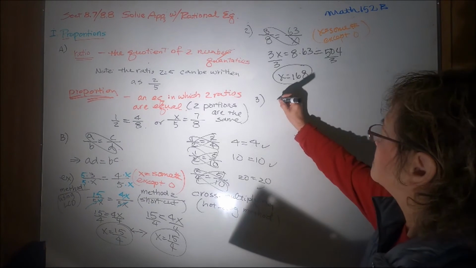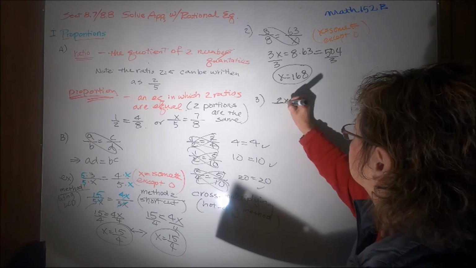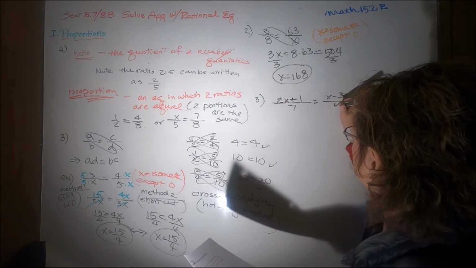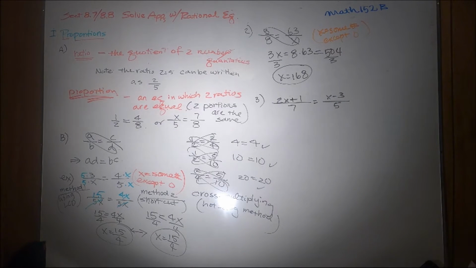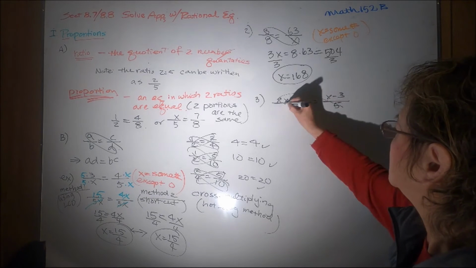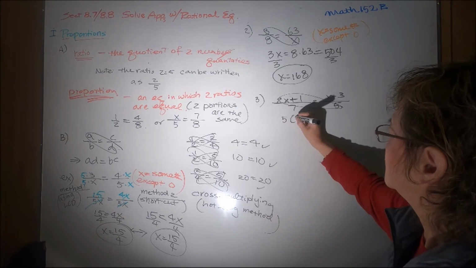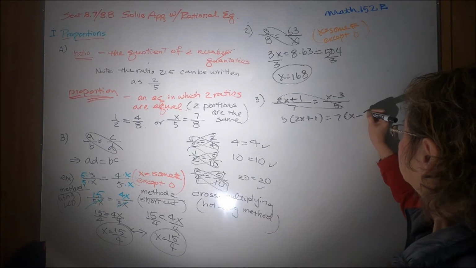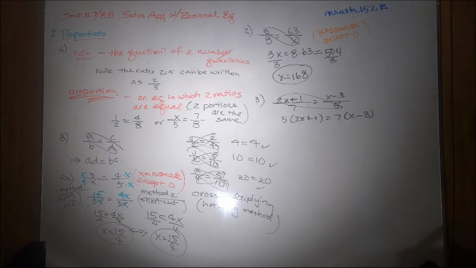Okay? So look at the next one. Equals x minus 3 and 5. Can I use the shortcut? Yes. Right? Because it is a proportion. Two portions are the same. So I will do here, that would be 5 times 2x plus 1 should be the same as 7 times x minus 3.